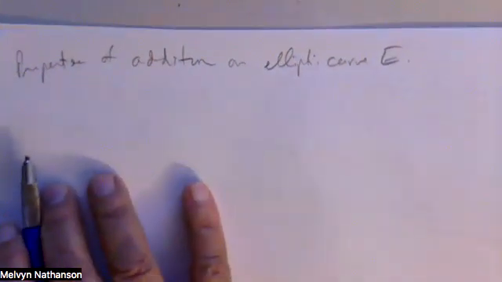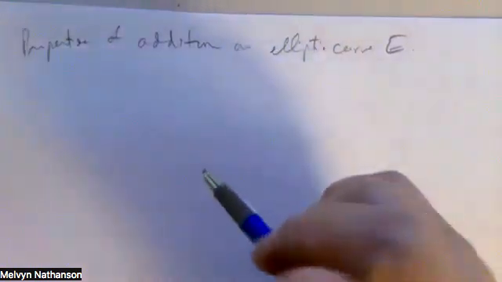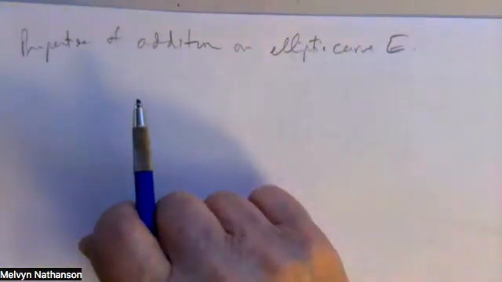I have to add, if you're interested in mathematics, the study of elliptic curves is a huge part of mathematics. They're extremely interesting. A huge amount of time is going into studying them and so forth. Okay, so what are the properties?